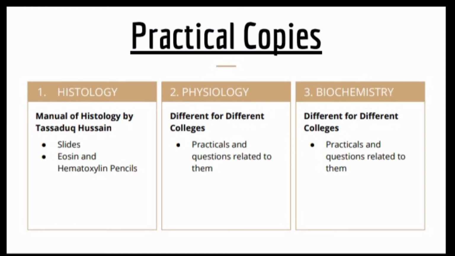There are different practicals in the physiology's practical copy, and you have to write some questions that are related to that practical. They are mostly consisting of the observations, or some might be also related to the theory part of that practical. And as far as the biochemistry practical copies are concerned, they also vary from college to college.